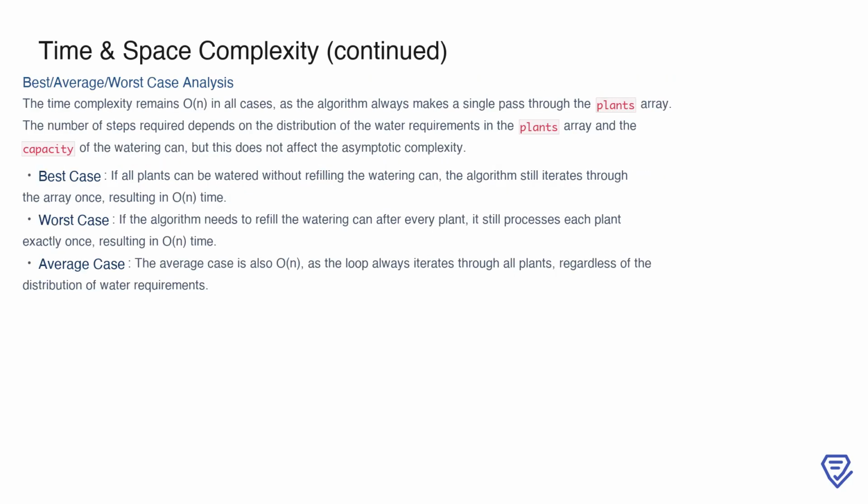When analyzing the best, average, and worst-case scenarios, the time complexity remains O(n) in all cases. This is because the algorithm always makes a single pass through the plants array, processing each plant exactly once. In the best-case scenario, all plants can be watered without needing to refill the watering can. Even then, the algorithm still iterates through the array once, leading to O(n) time.